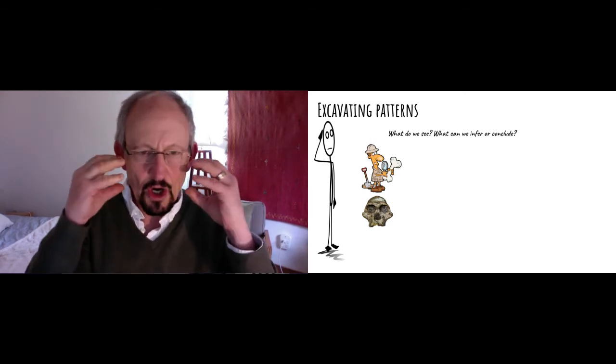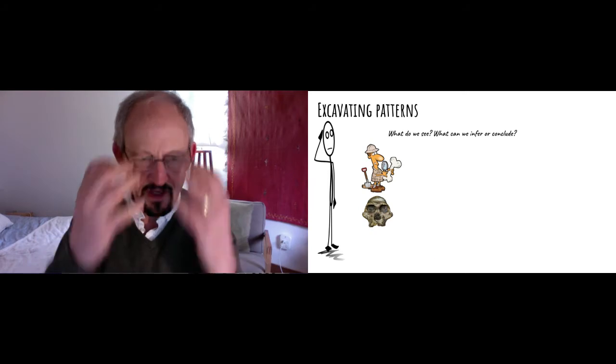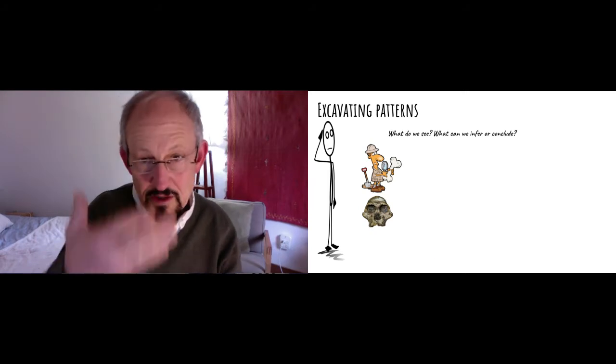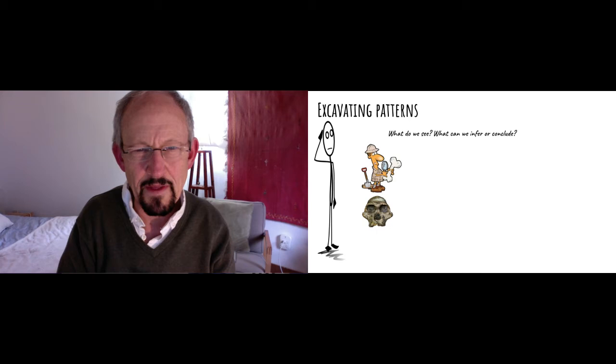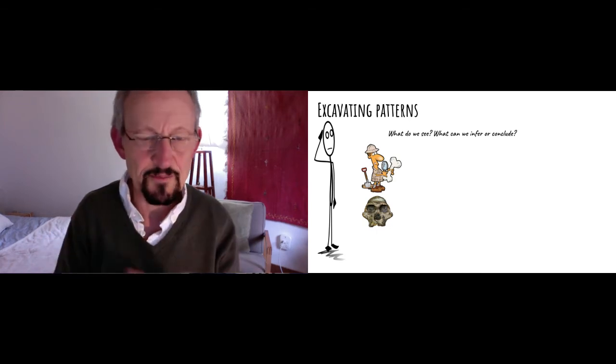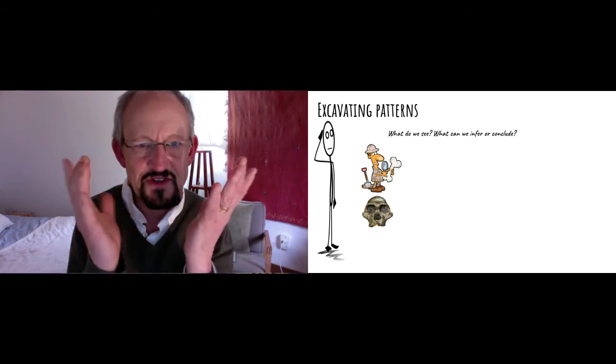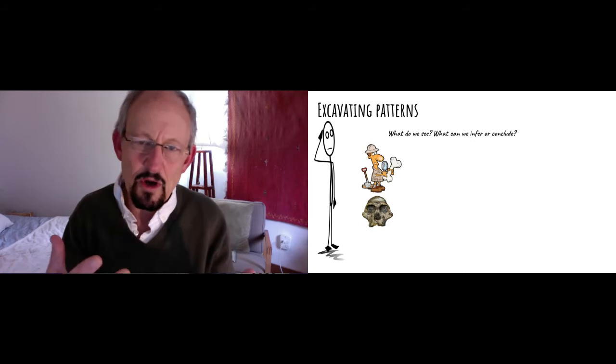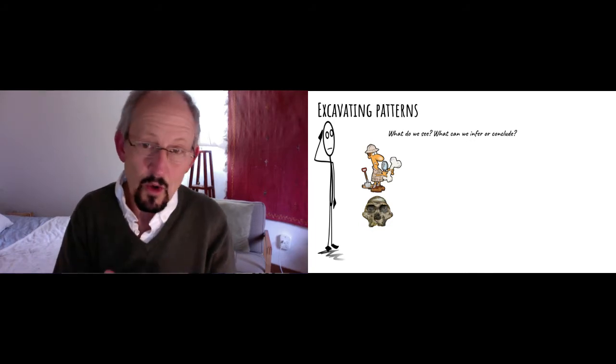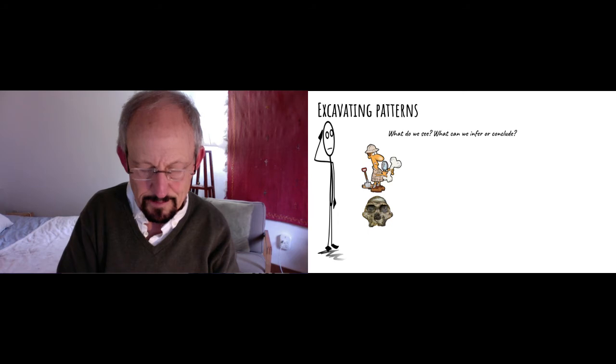I've got these large cheekbones and these set-in eyes, and then there's a flattening of the nose area, and that tells me something that's fairly ancient. So from the patterns I see of the skull, I can draw inferences or conclusions about what type of species this might have been.